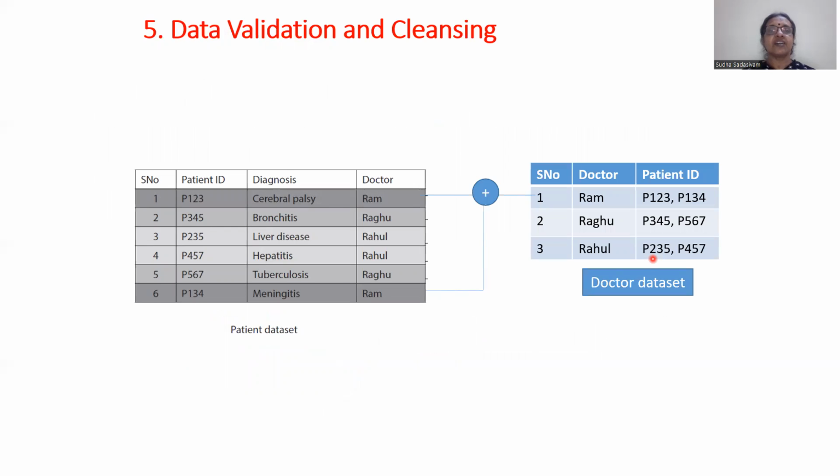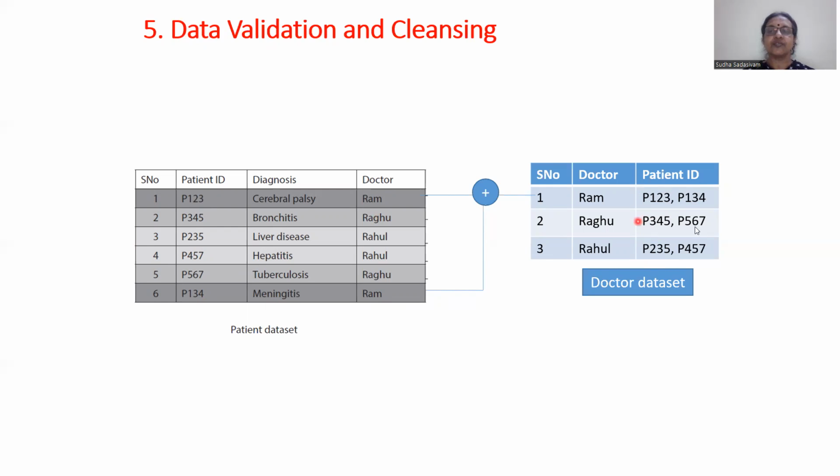The next phase is the data validation and cleansing phase. We have data from multiple sources. For example, this first table is the patient table. The second table is the doctor table. There should be integrity between the patient table and the doctor table. So, for example, this Ram doctor looks after patients 123 and 134.